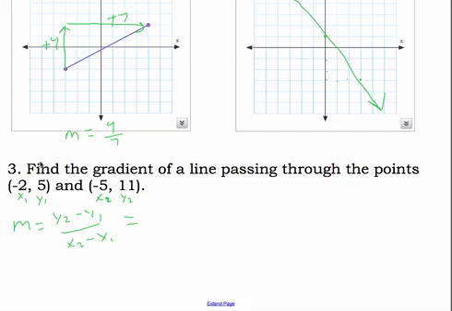So y2 minus y1 is 11 minus 5. On the bottom we have negative 5 minus negative 2. Be careful, that's negative 5 minus negative 2, which equals 6 out of negative 5 plus 2, which equals 6 out of negative 3, which equals negative 2.